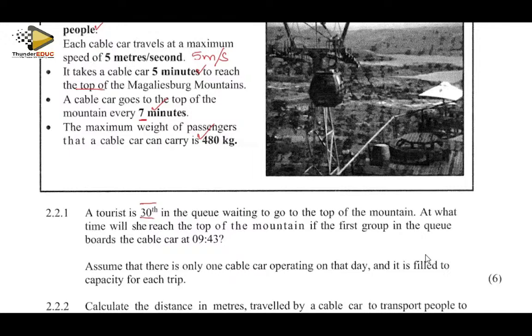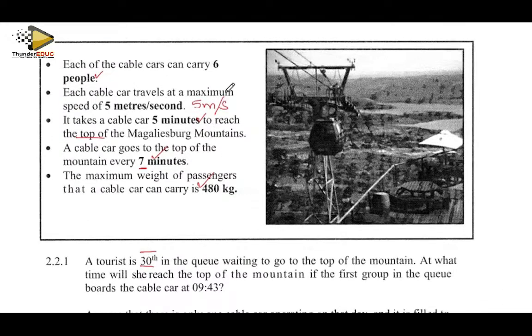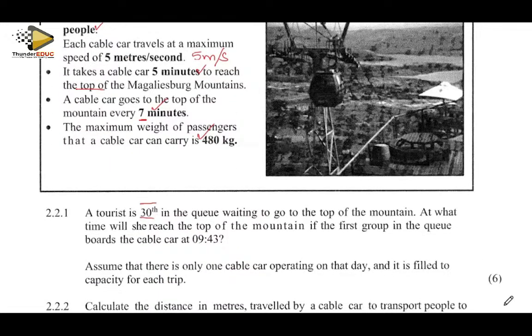The car takes 6 people per route. So first and foremost, we have to find out how many routes there will be, because now for the 30th, we shall divide this by 6, so there will be 5 trips. All right. Then how much time will it spend?